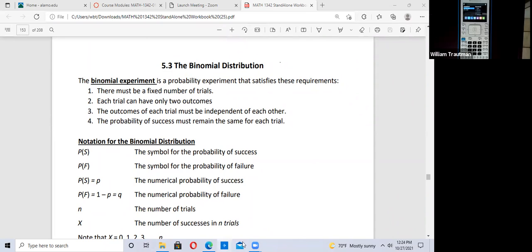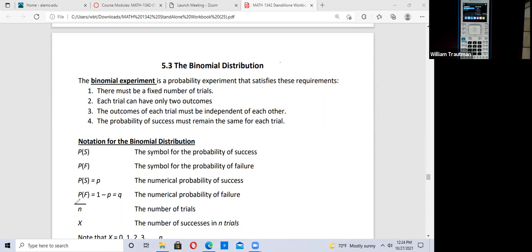The rest of these things, I'm not too worried. On our calculator, these are something you need to know. N is the number of trials. X is the number of successes of what you're asking. X is the number of desired outcomes, or you can call it a success, like getting 4 heads.